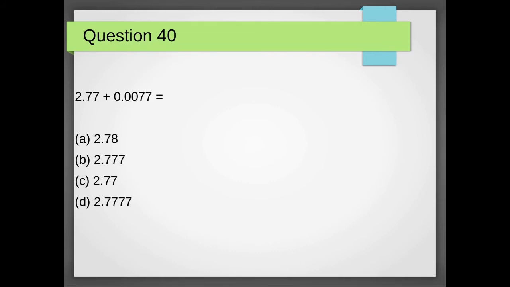So when you add these two numbers, you will get the answer as 2.7777. So obviously you will have to round it off to 2 decimal places and 3 significant digits. So obviously you will get the answer as 2.78, which is option number A.